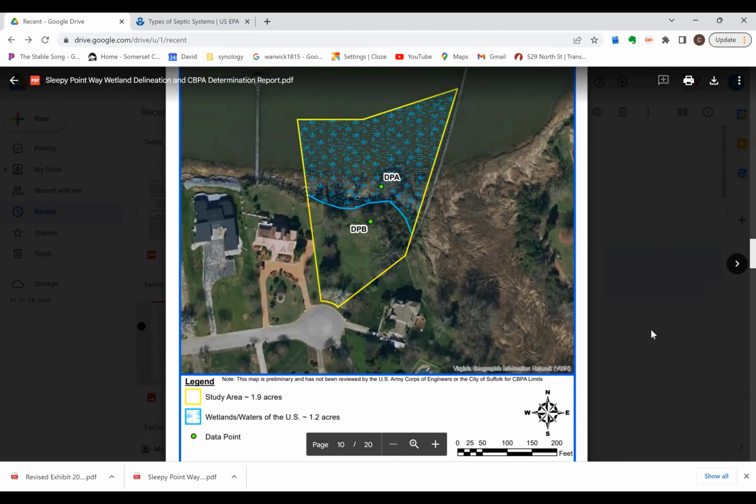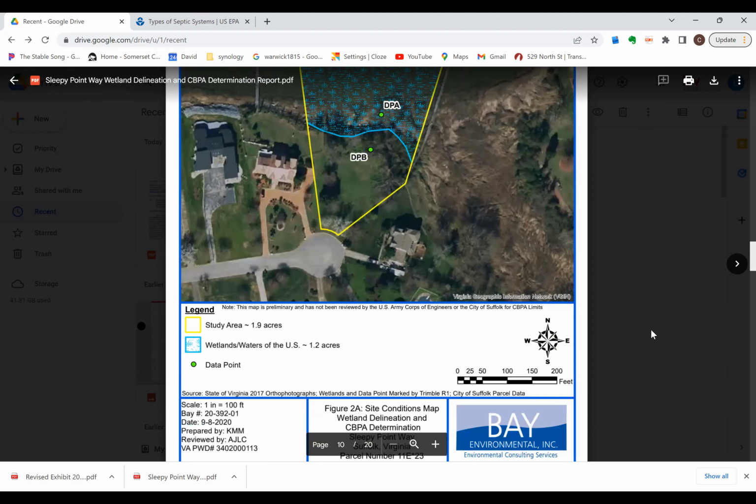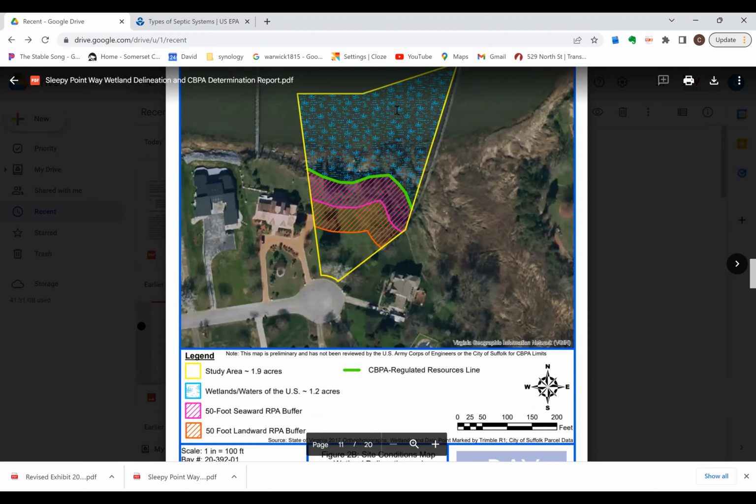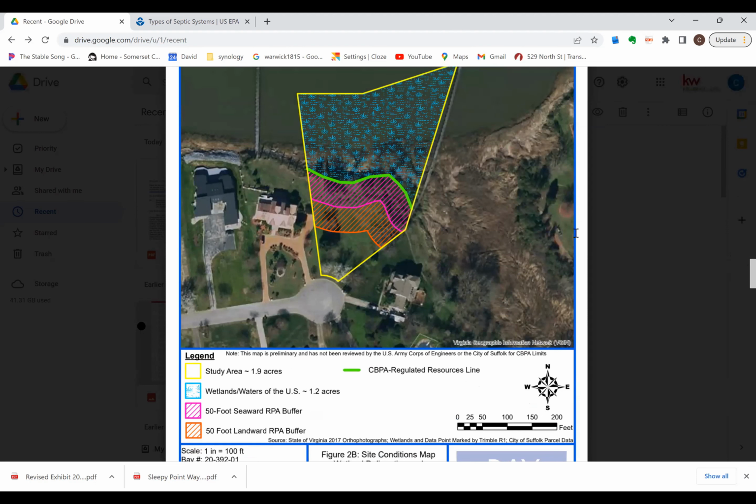There's 1.2 acres of wetlands inside of that 1.9. So these are your setbacks. As you see, there is your wetlands of 1.2 acres. There is a 50-foot seaward buffer, and there is a 50-foot landward buffer.